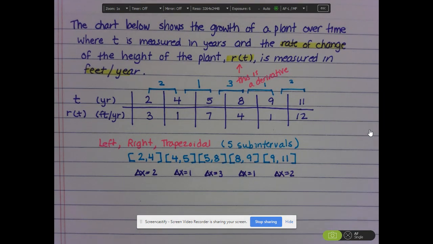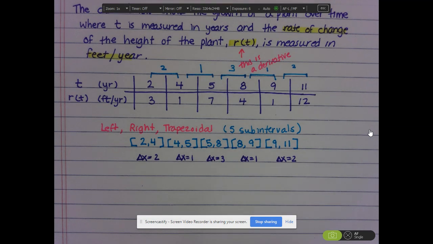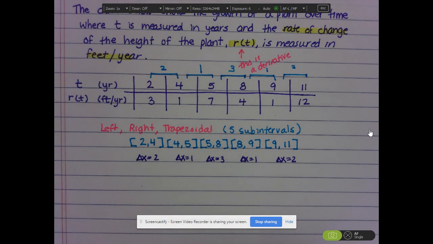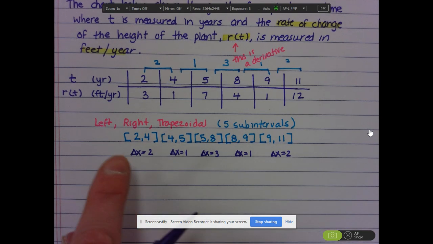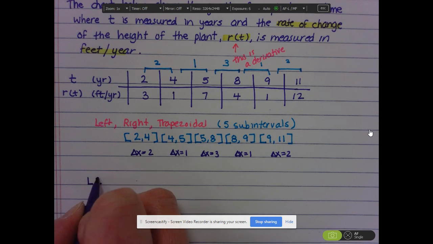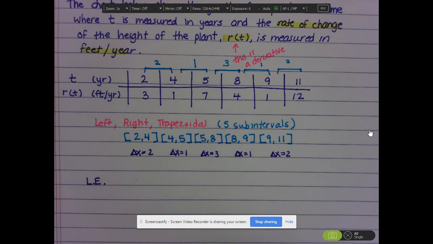All right, so we're going to approximate. I guess this is really not delta x in this particular case. It's really delta t since we are dealing in terms of t. So we want to find the rectangles. We're going to use the left endpoints here to approximate. So I'm going to use the 2, 4, 5, 8, and 9.